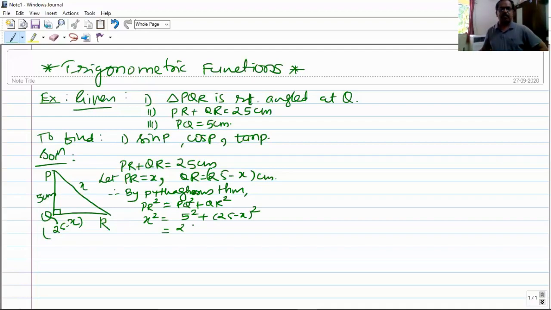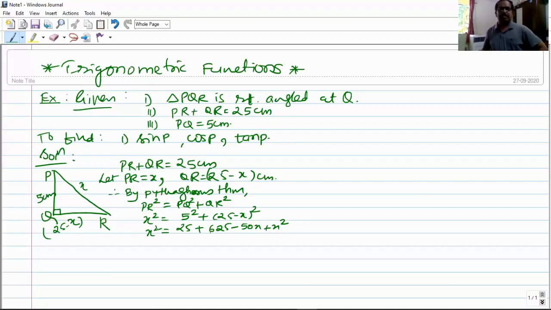So I can have the square of 5 as 25, and now opening the bracket, 25 square is 625 minus 2 times 25 into x, that is 50x, plus x square, and it is equal to x square on the left side.